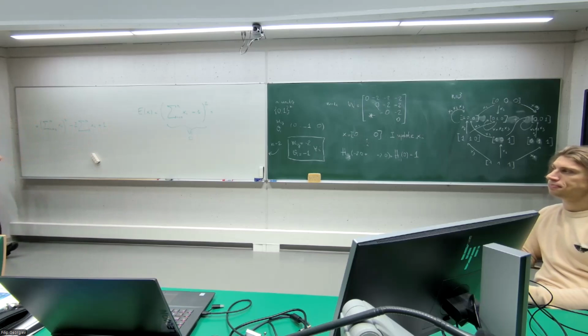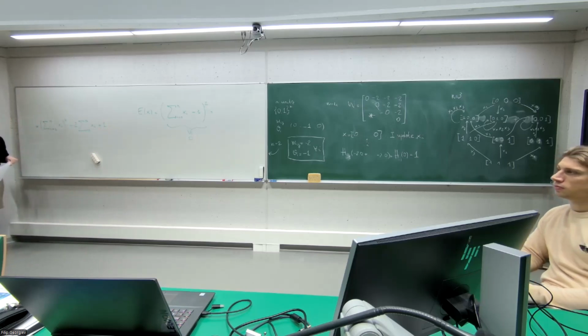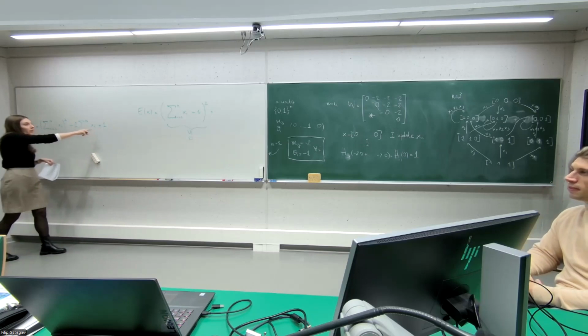Do you agree that this is that product? The square of the first minus the double product plus 1.